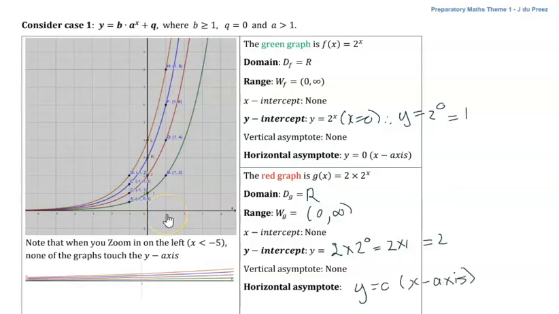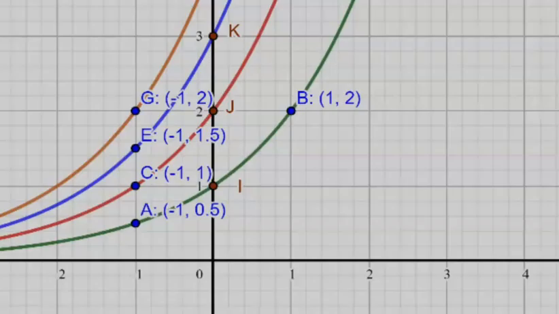Let us look at the graph of G. The green graph here is y equal to 2 to the x. The next one is y equal to 2 times 2 to the x.